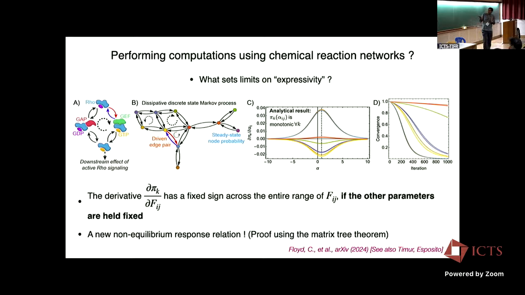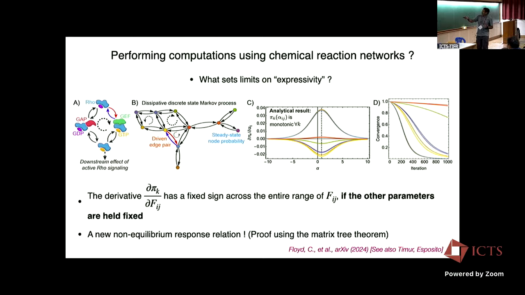But what we found is that there is, interestingly, a very nice constraint on this quantity. This is the rate at which the probability sitting at node K changes as you change the driving force along reaction Fij. This could be any K, any Fij. It could be K sitting next to Fij, or K really far from Fij. So construct this partial derivative.